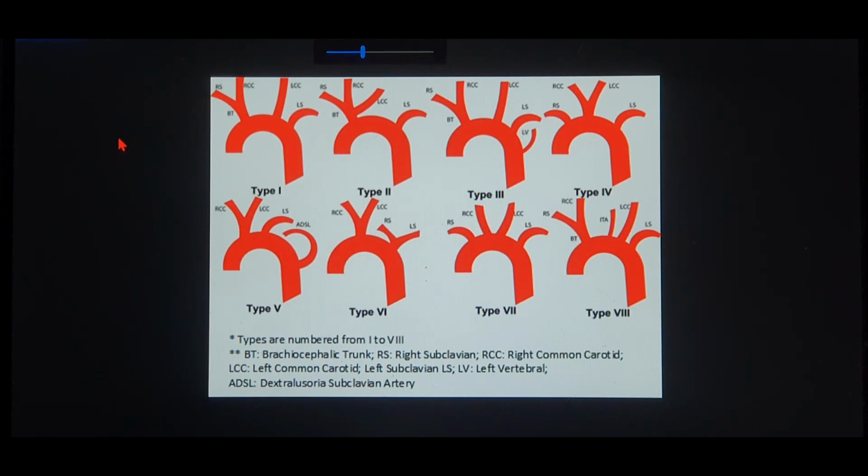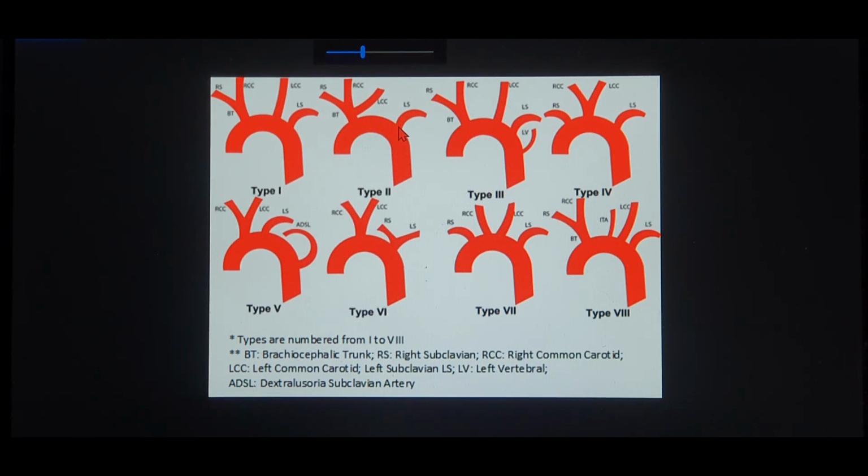Now there are a total of 8 types of anatomic variations. The very first one, as you can see over here, is the one I just explained some time back. That's the most common variation. That's the second, third, fourth, fifth, sixth, seventh, and the 8th variation. So on the CT scan or the MRI or the angiography, we have to locate the origin of the internal carotid artery, the common carotid artery, and know for sure if there's any anatomic variation.